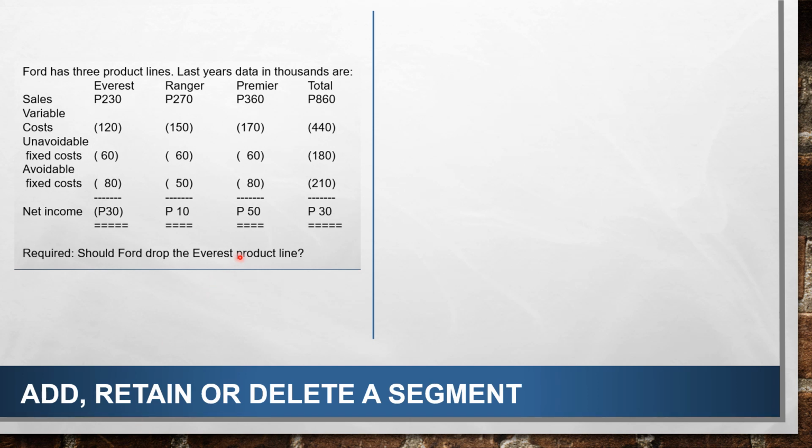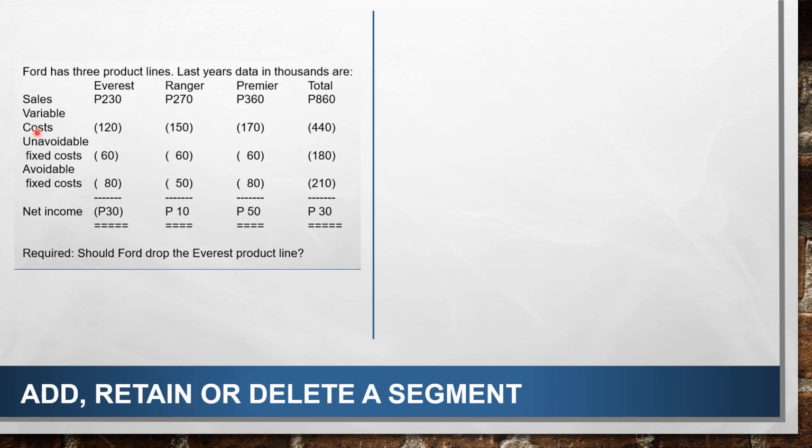Okay, so in this problem of Ford, looking at the segmented income statement, Ford's managers may ask, why keep the Everest segment when its segmented income statement shows a 30,000 net loss?